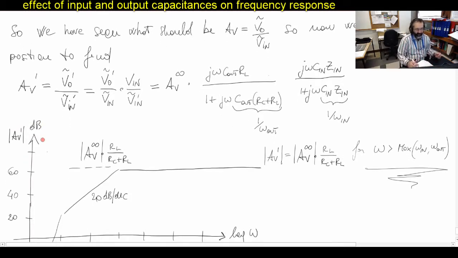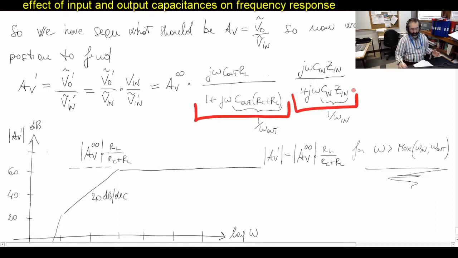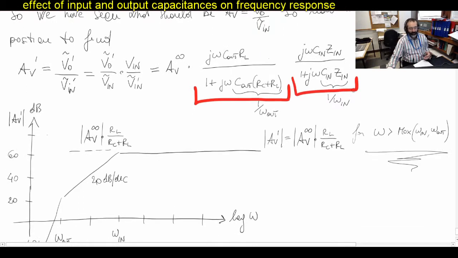As we already anticipated, both these terms work as a high-pass filter. So there are two characteristic frequencies, omega out and omega in, and we need to make sure that the results we've seen today, when we were effectively neglecting the presence of C in and C out, hold.